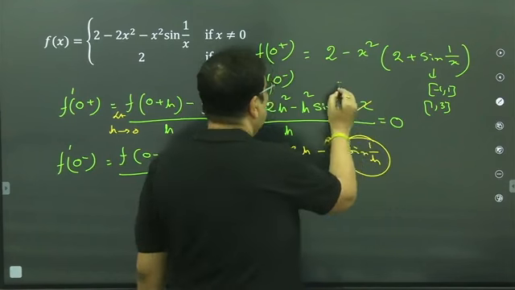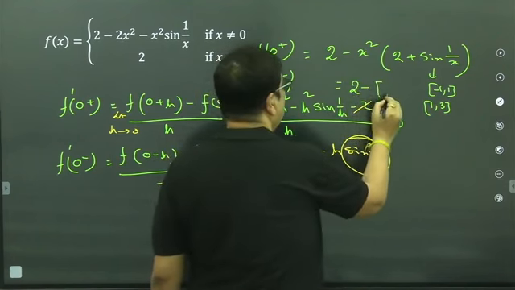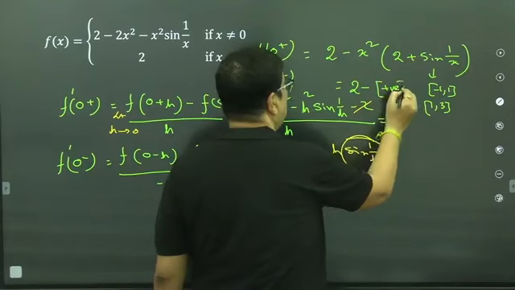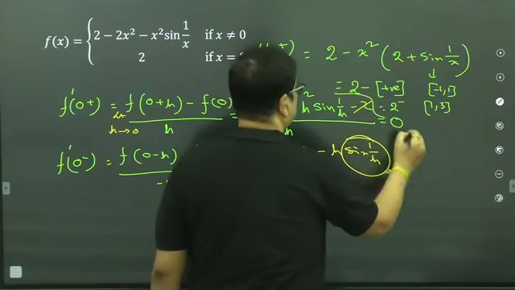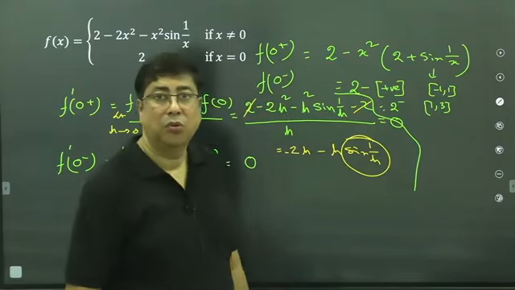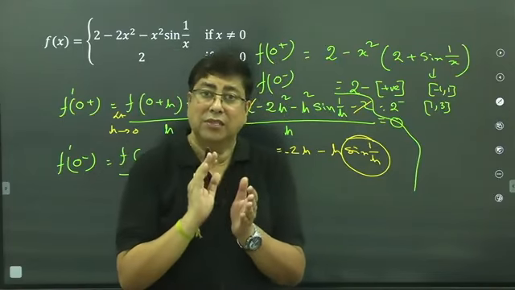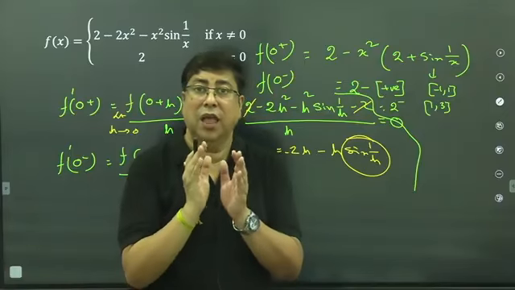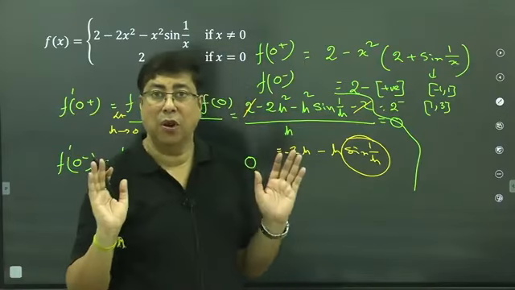So this is 2 minus some positive quantity, however small it is. This is lesser than 2.